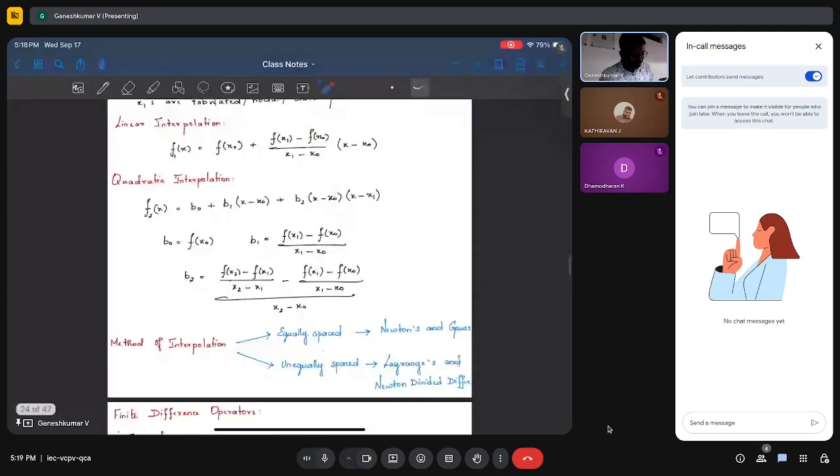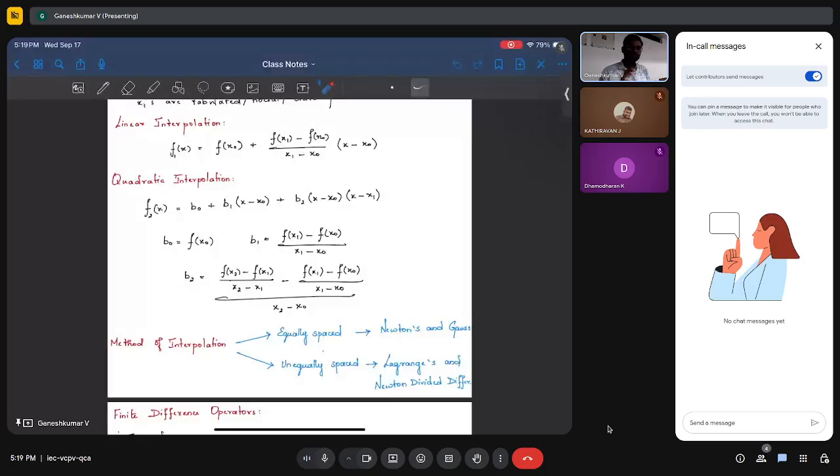The first thing we saw is linear interpolation. That is what we usually do whenever a table is given. We have two x's and the function values, and for some number in between, we linearly weight these two function values to get the linear interpolation value. You can also extend that to quadratic interpolation.